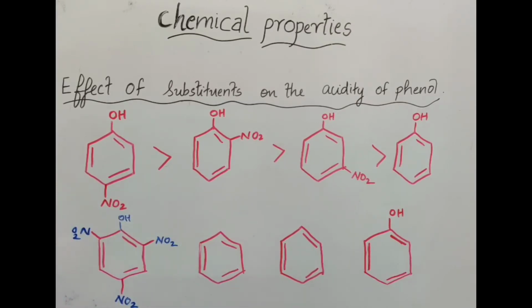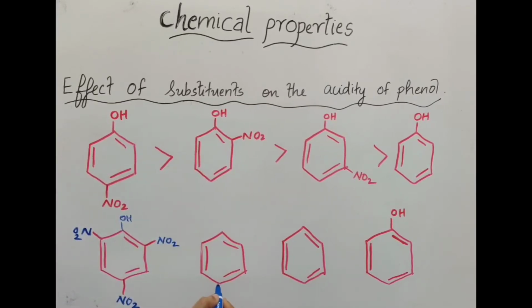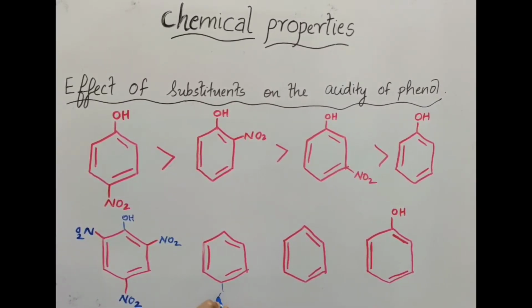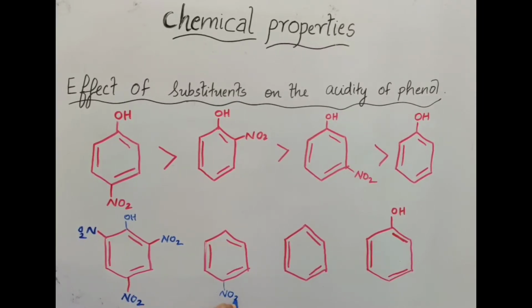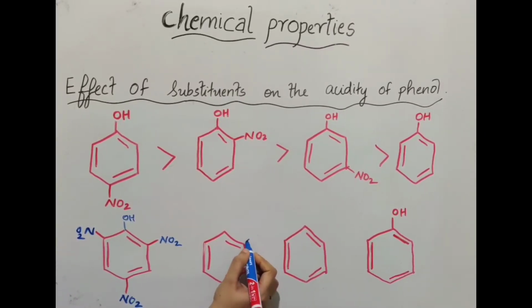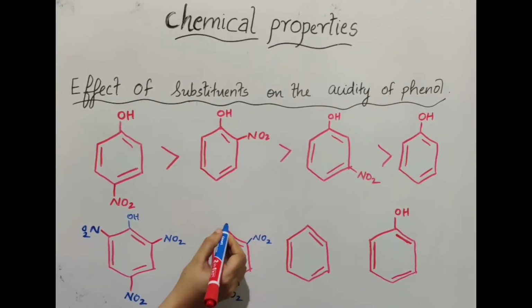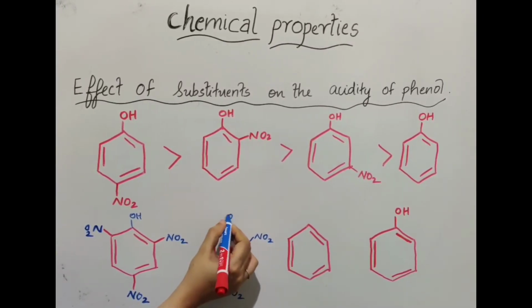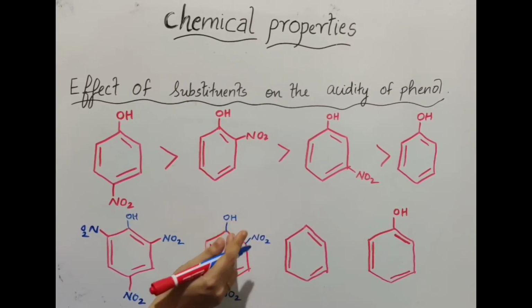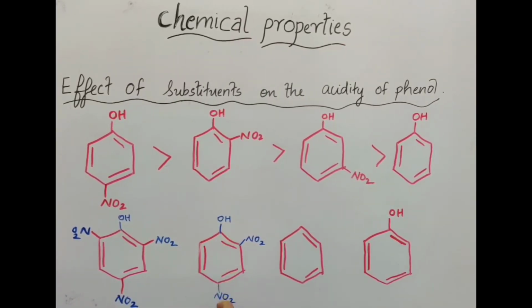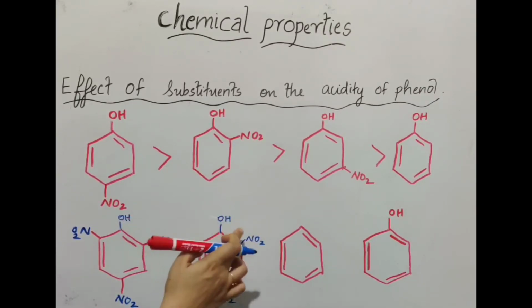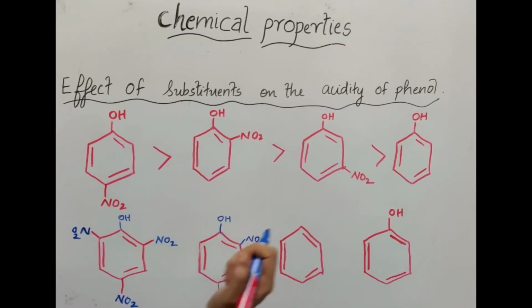Next, we are substituting 2 NO2 groups, here at the para position and at the ortho position. That is 2,4 dinitrophenol.